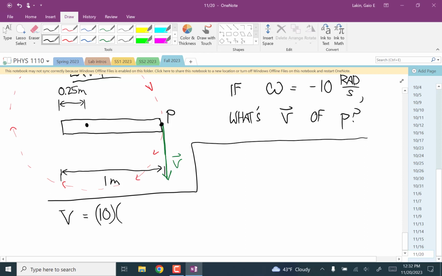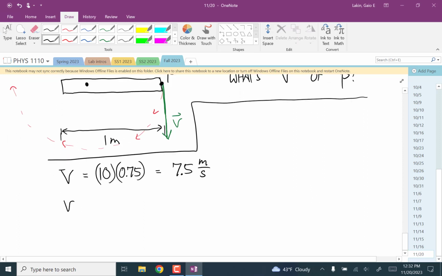What's that distance from the about point to P? Yeah, 0.75. So the speed is 7.5 meters per second. And since that's down, the velocity of that point P is 0, negative 7.5.